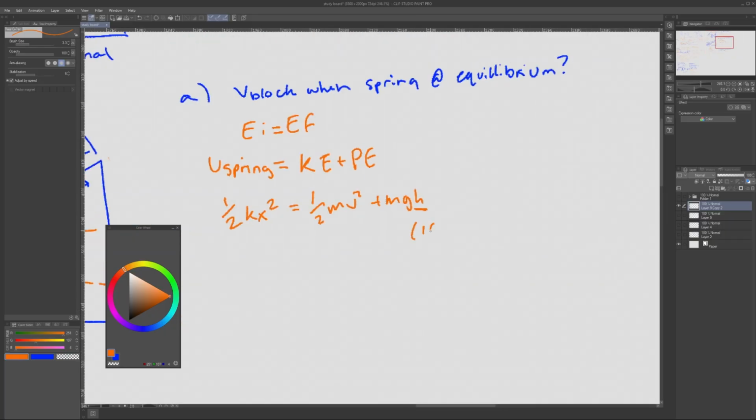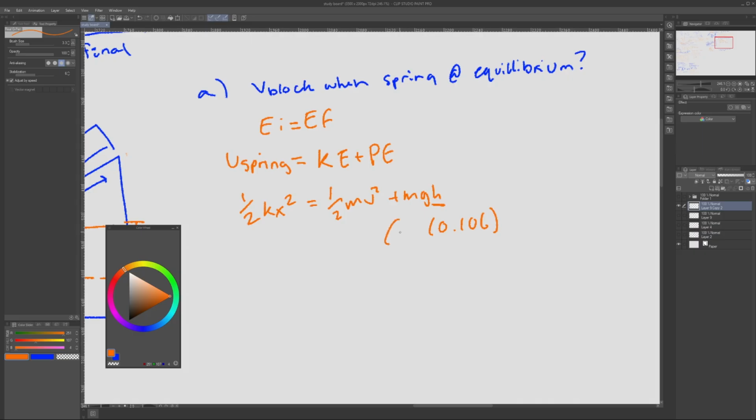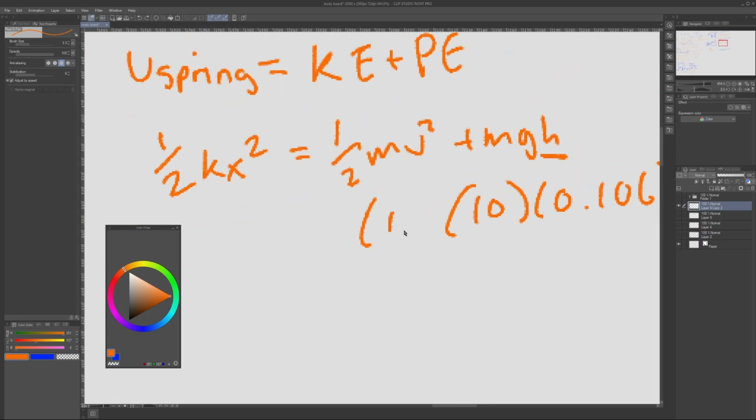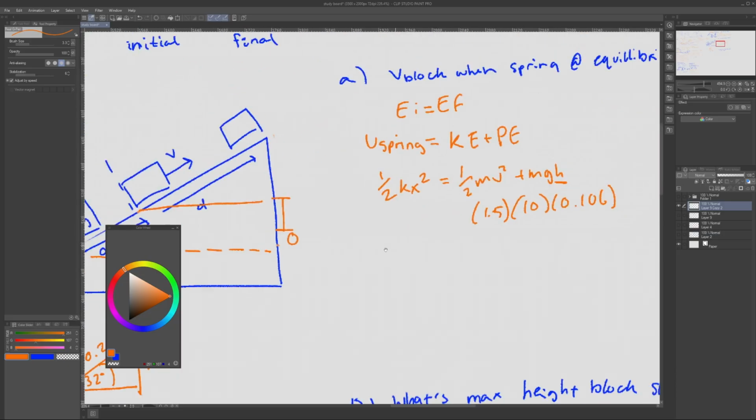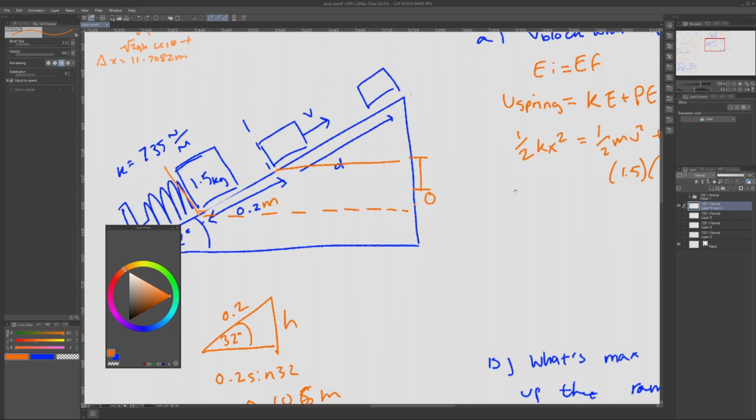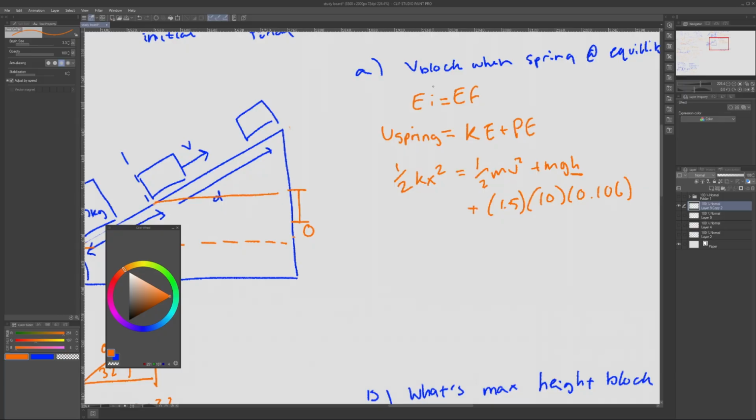So let's just do plug and chug. We're going to use 10 for gravity. Our block is currently 1.5 kilograms, just FYI. And then plus, we're looking for V here, so we'll leave that empty.